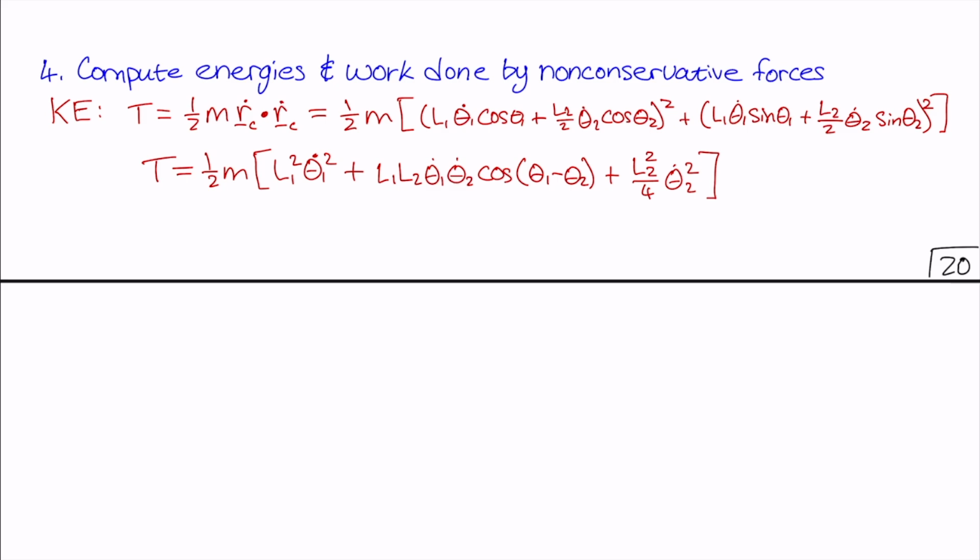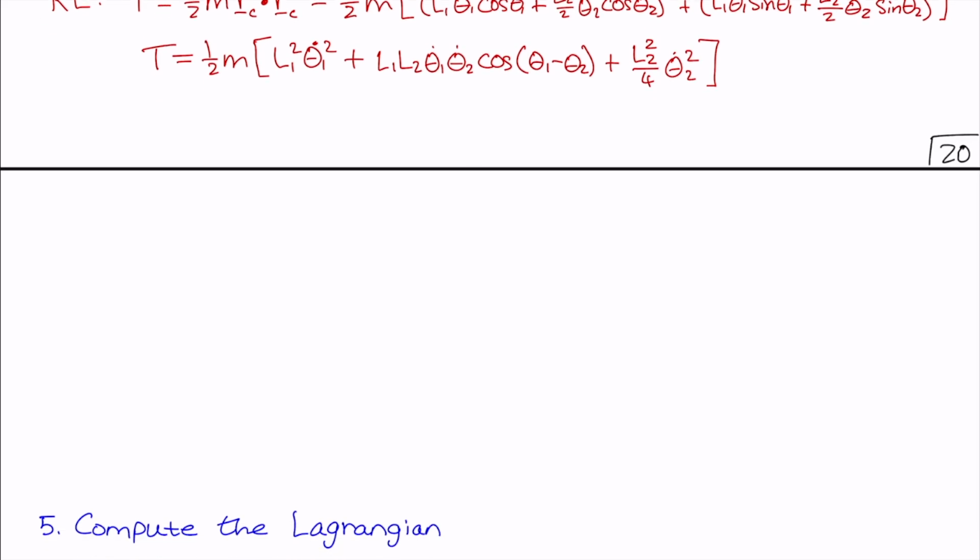Okay, for the potential energy, we now need to compute that. We're going to use the integral form in this case, although for a gravitational potential energy you may be able to just figure it out on your own, but for this example we're going to do the integral.